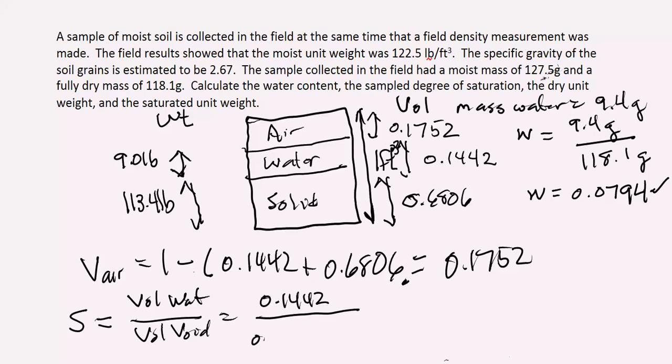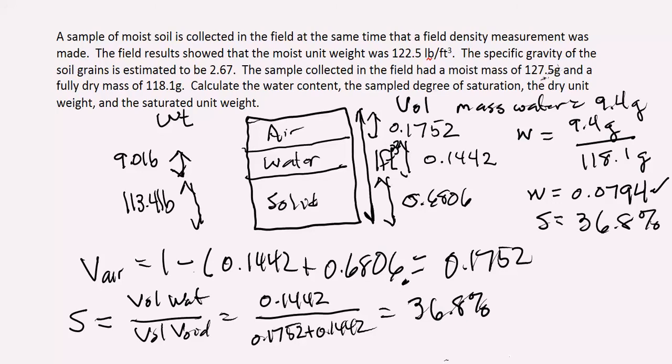So we have 0.1752 plus 0.1442 in the denominator, and I got a degree of saturation equal to 36.8%. So I'll write that one down, keep track of our answers, 36.8%.